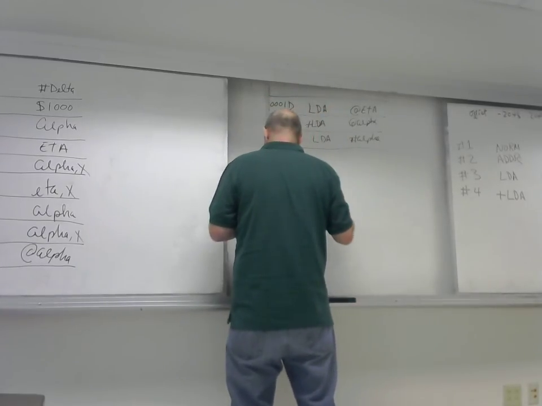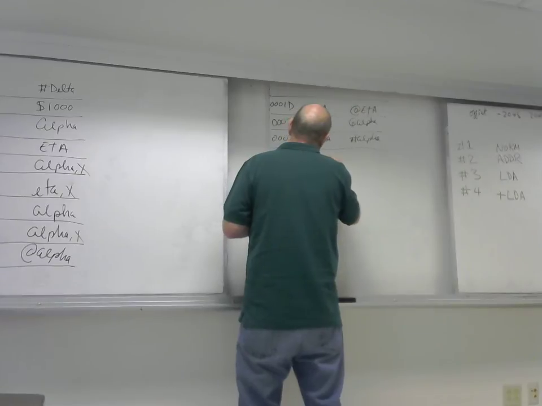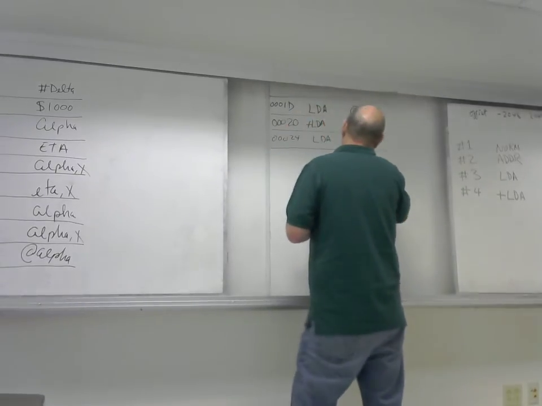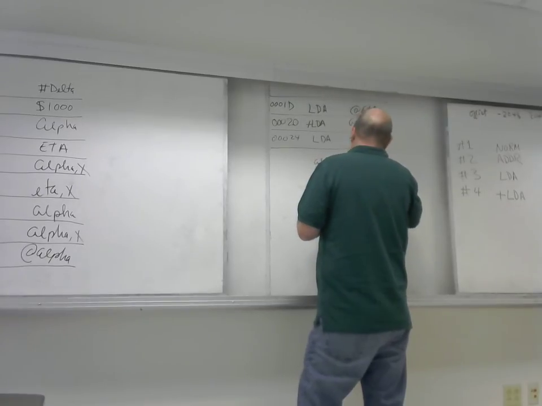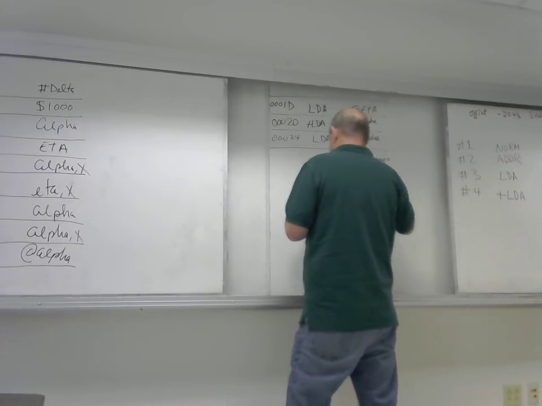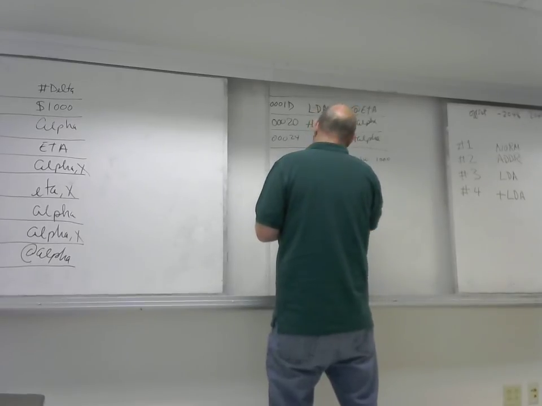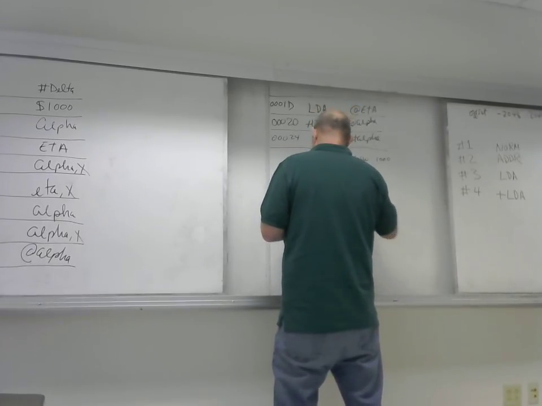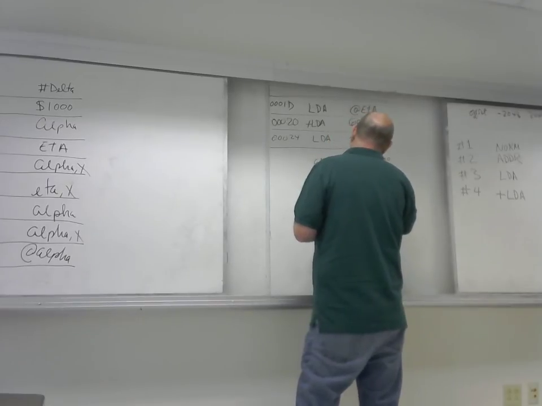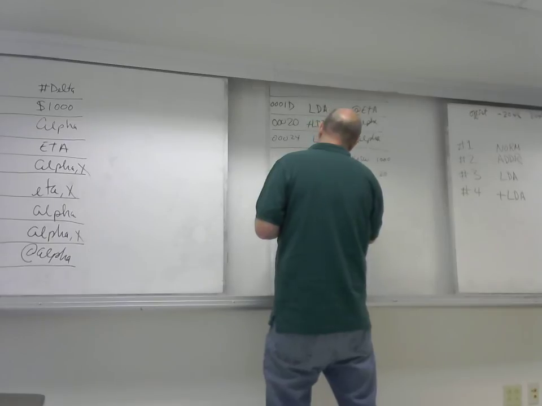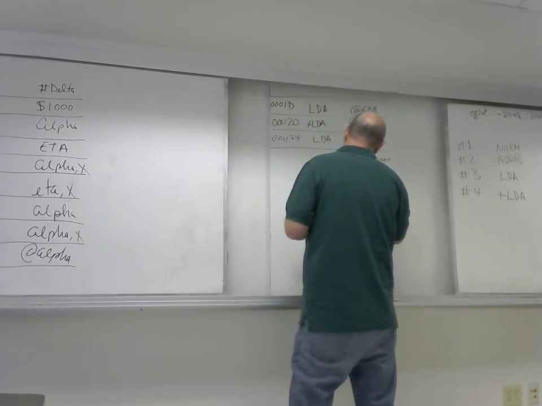Okay, now we have alpha, reserve word 1000. And then I have delta word 20. Now I have zeta resw.